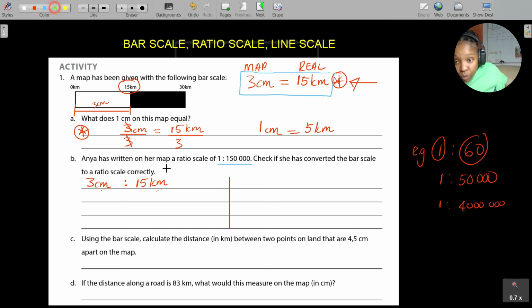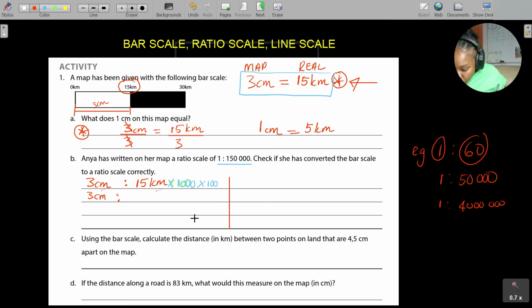So it's 15 kilometers multiplied by 1,000, which puts us at meters, then multiplied by 100, which puts us at centimeters. Therefore it's 3 centimeters is to 15 kilometers multiplied by 1,000 multiplied by 100.